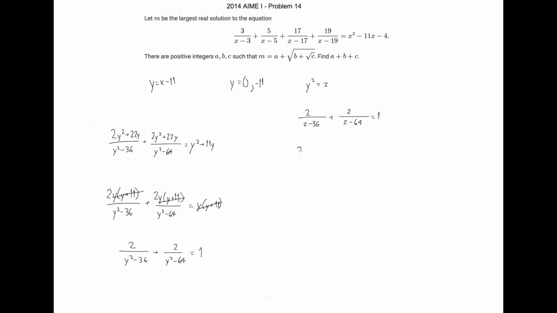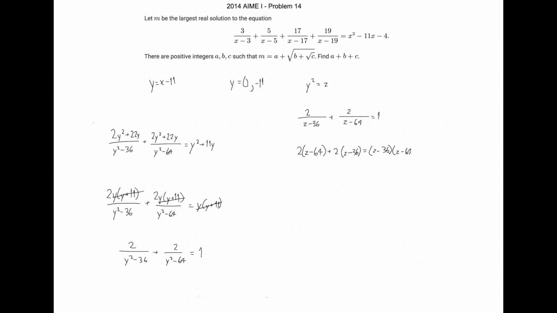So when we do this, we get 2 times z minus 64 plus 2 times z minus 36 equals z minus 36 times z minus 64.